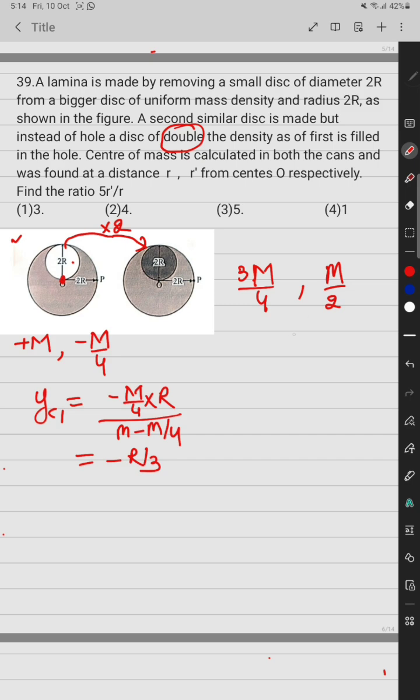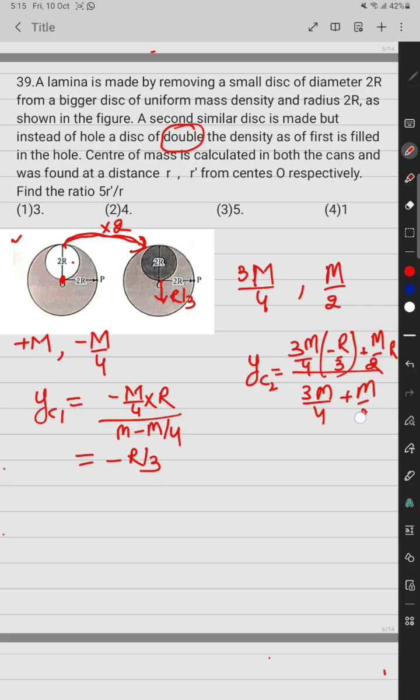In the second situation, the y center of mass with mass 3m/4, whose center of mass we have just found, is at a distance below, r/3. So its coordinate is minus r/3. As well as the second mass m/2, which is twice the density of the cavity that was removed. It means the mass is 2 times m/4 and the distance is r, divided by the total mass 3m/4 plus m/2.